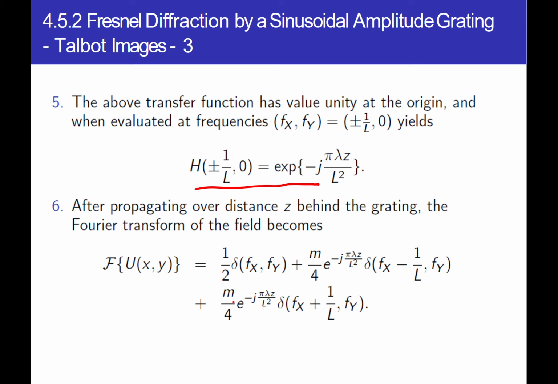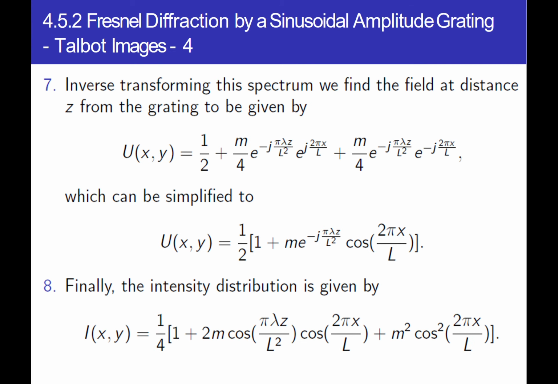We have this kind of approximation, but anyhow, what we end up with is the inverse transform of this spectrum, which is the Fourier transformation of TA times H. Our field is given by TA convolved with H, our Fresnel integral, which in the Fourier domain is a multiplication of each of them.